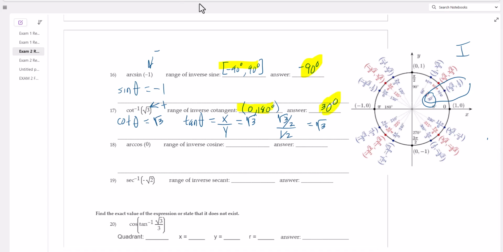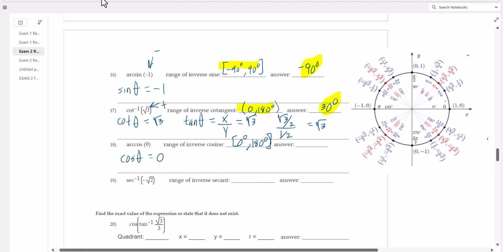Okay, next one. The range of inverse cosine is, in degrees, 0 to 180 degrees, and that will be a bracket on both of those. So the meaning of this problem is cosine theta equals 0. Again, you're looking at either quadrant 1 or quadrant 2, and you're looking at the x value on a cosine.